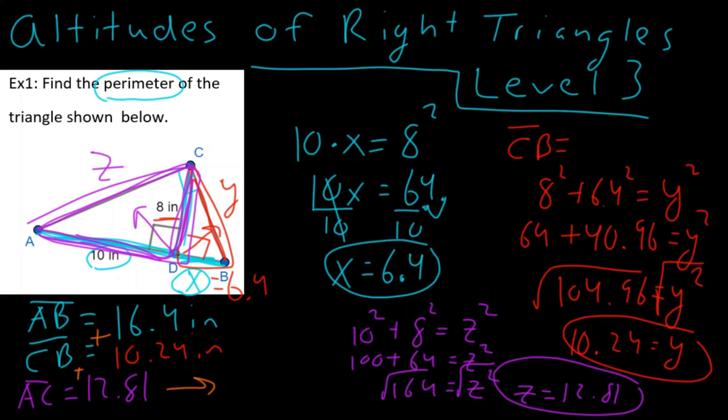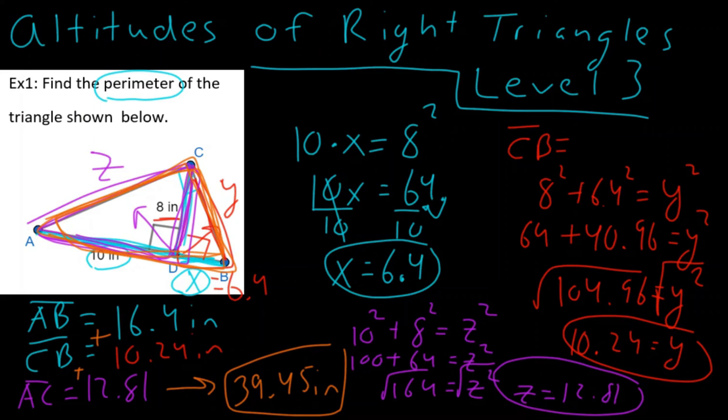So using my calculator, 16.4 plus 10.24 plus 12.81 gives us this number, 39.45 inches.